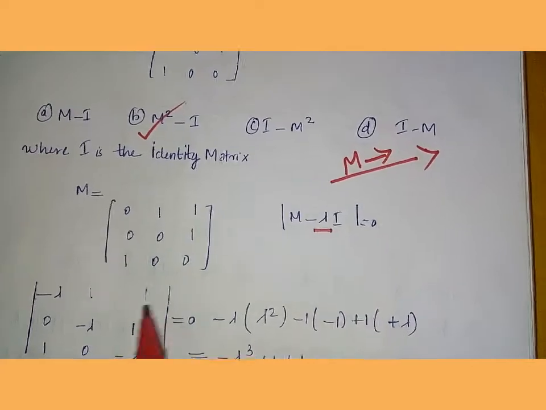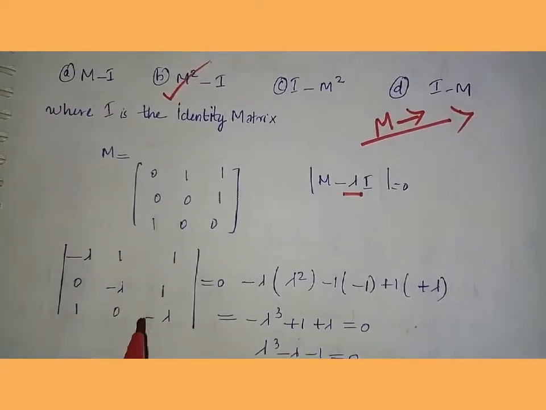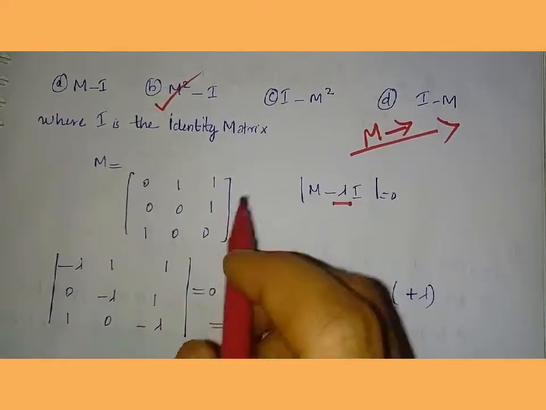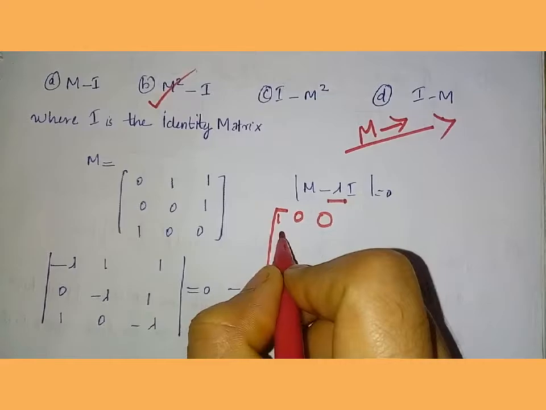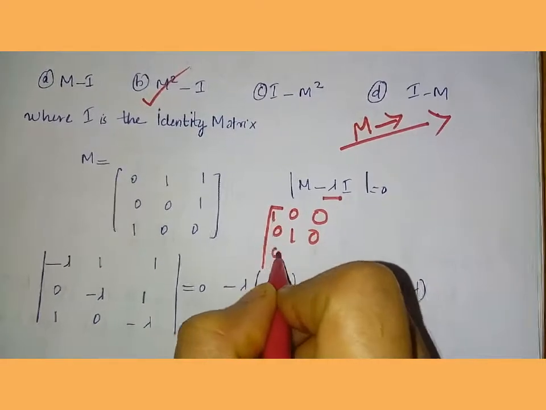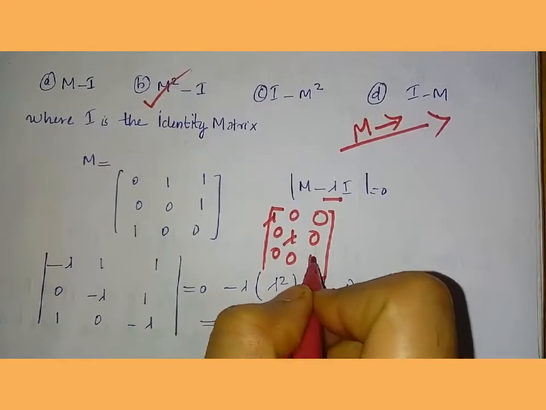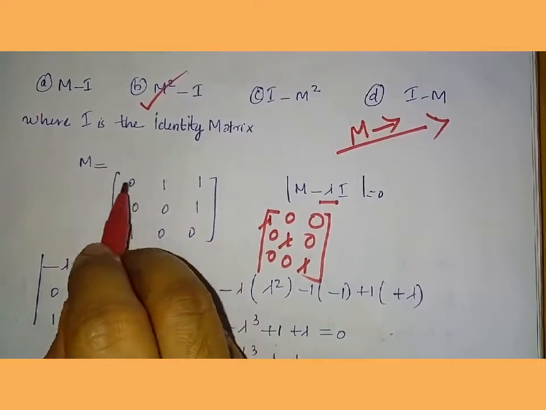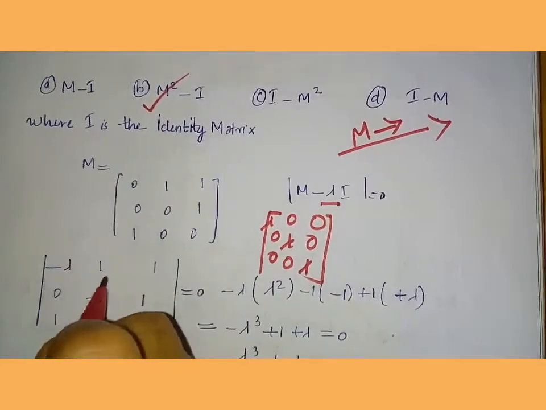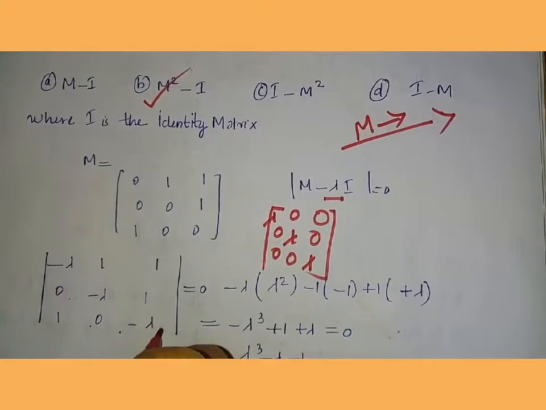Lambda is the eigenvalue. Lambda I means the identity matrix 1 0 0, 0 1 0, 0 0 1, with 1 changed to lambda, and we subtract it from this matrix, giving minus lambda 1 1, 0 minus lambda 1, 1 0 minus lambda.